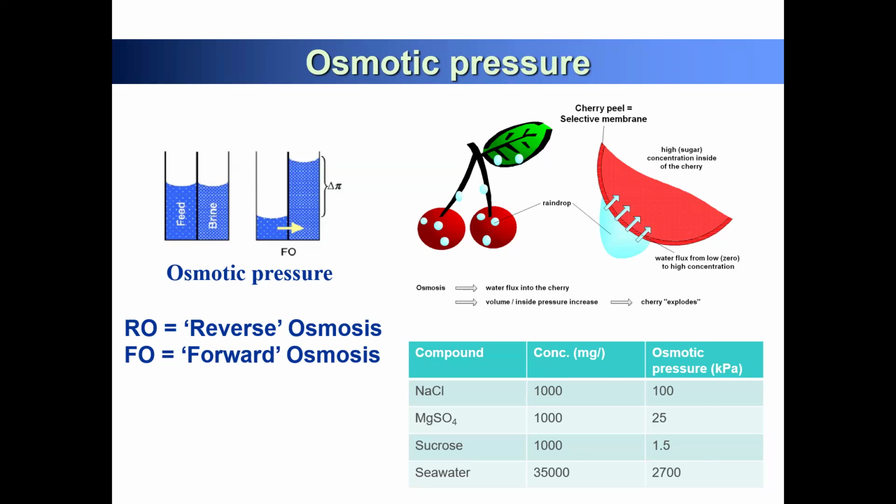Inside this membrane, inside the cherry, you have sugar. The sugar has a high osmotic pressure. And then the rainwater is flowing over the surface of the cherry like this.